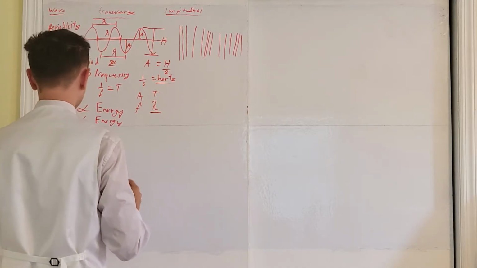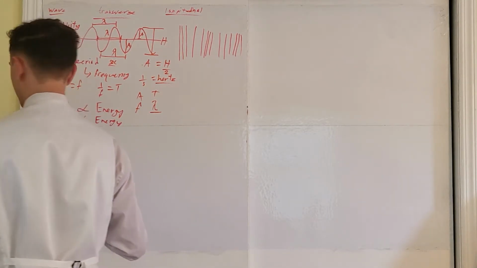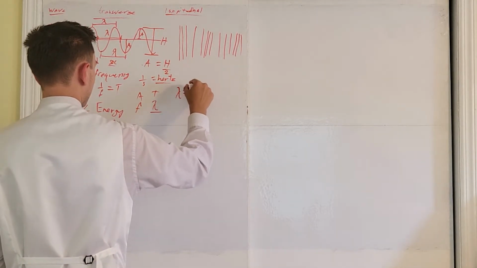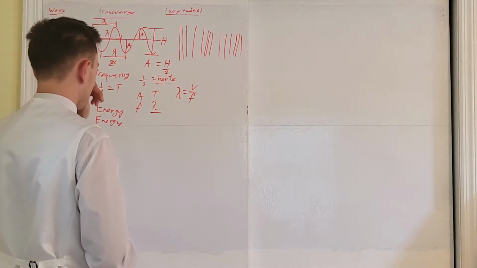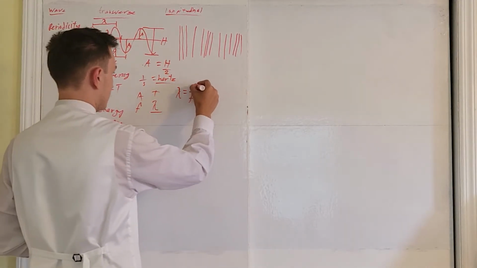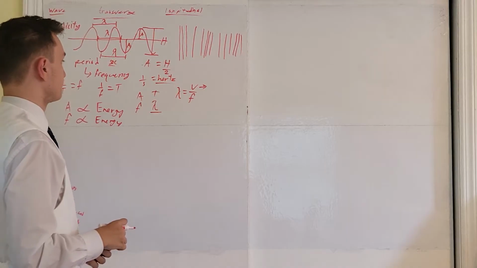Your wavelength is related to your frequency by an equation given to you on your equation sheet, which is lambda equals v over f. Lambda equals velocity over frequency. The v represents the velocity of your wave, okay?